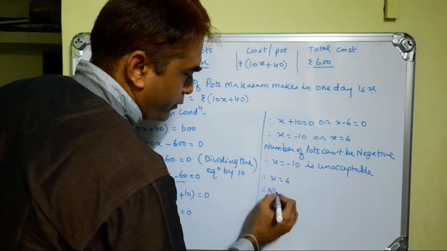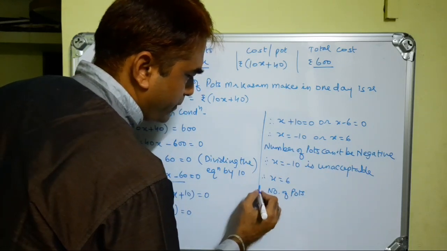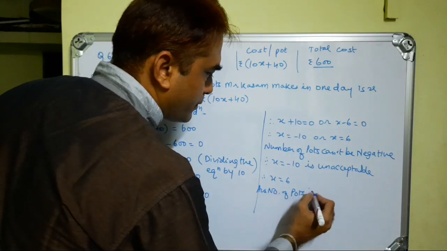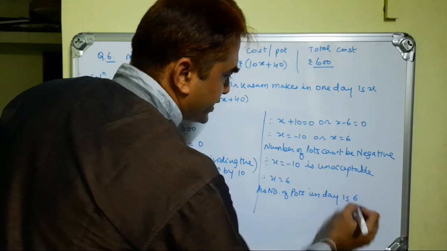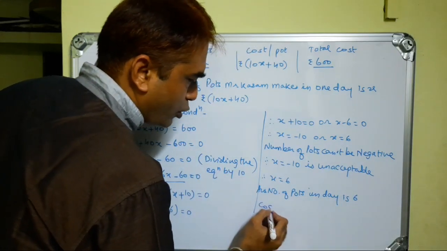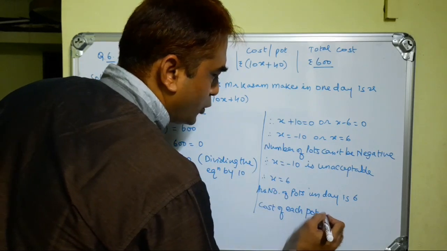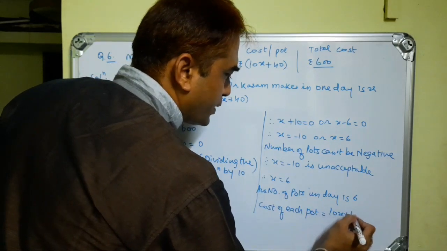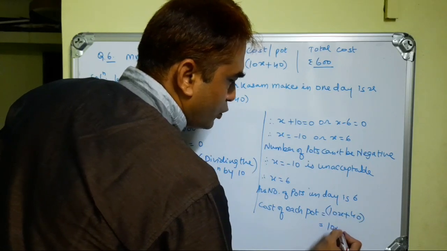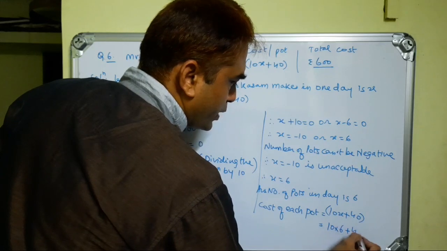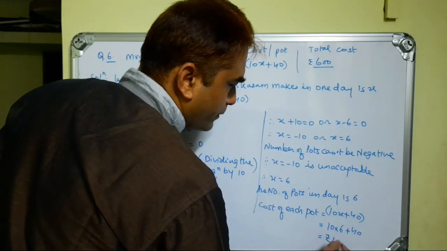Therefore the number of pots in one day is 6 and the cost of each pot equals 10x plus 40 rupees, that is 10 into 6 plus 40, that is 60 plus 40, that is rupees 100.